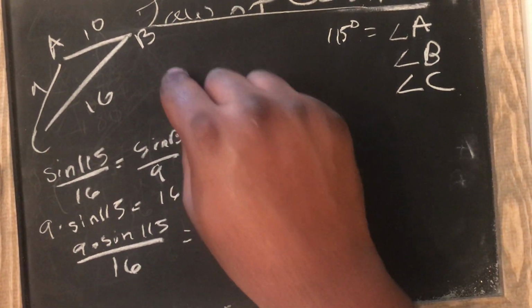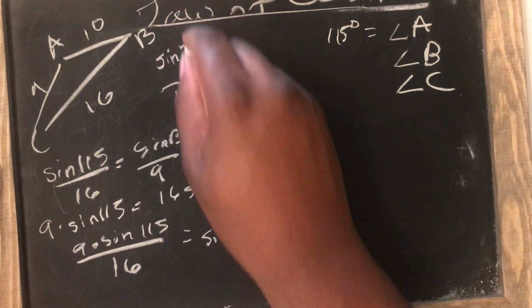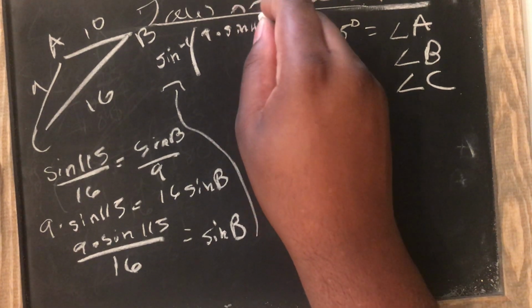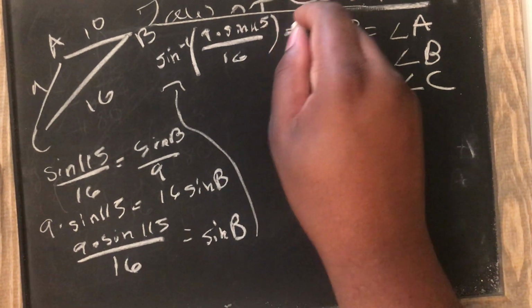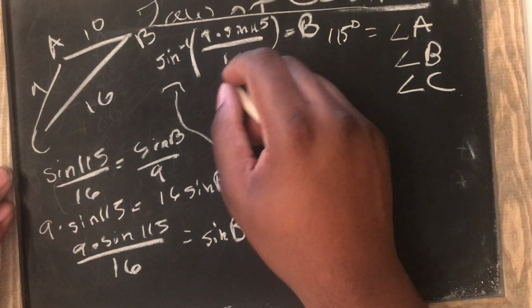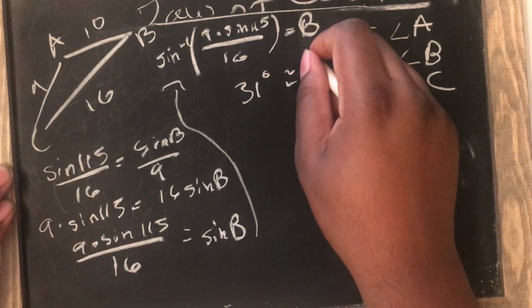So it's going to be inverse sine of 9 times sine 115 all over 16 equals B. And it turns out when you do all of this, you end up with about 31 degrees for B.